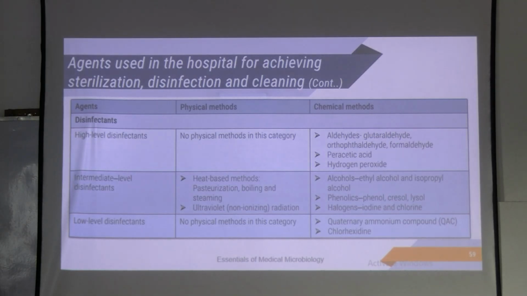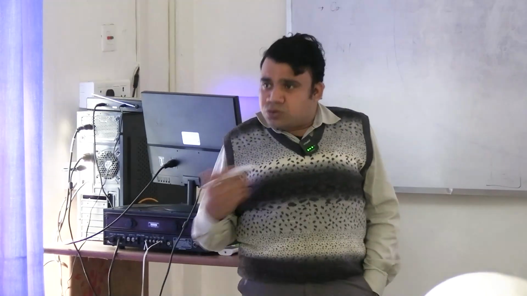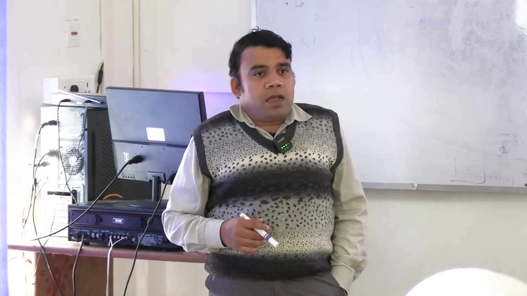If you recall the process of sterilization, there are physical methods, and among them the very commonly used methods are dry heat and moist heat, that is an autoclave. Dry heating could be, for example, flaming or a hot air oven. Anything else? Radiations, both ionizing and non-ionizing, and other methods like a plasma sterilizer or ethylene oxide sterilization. These are the common processes.